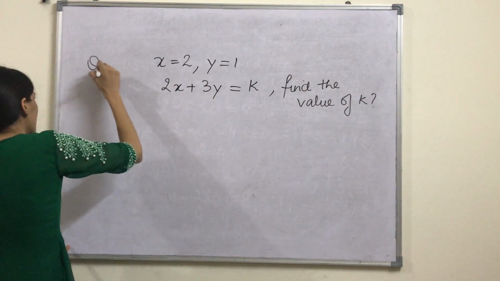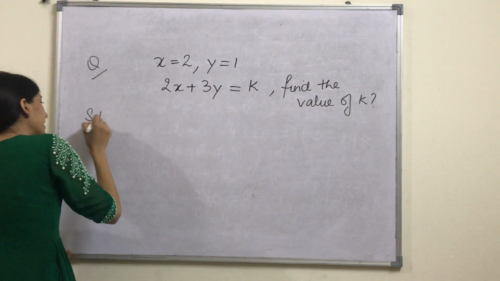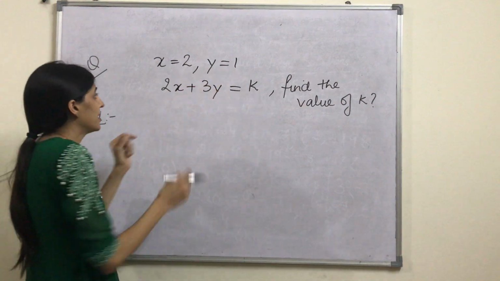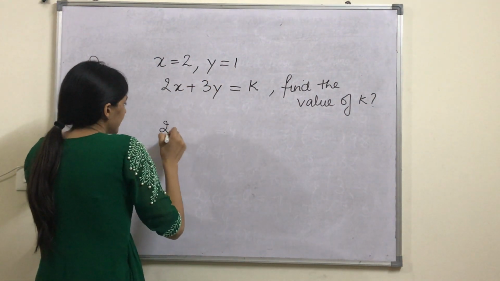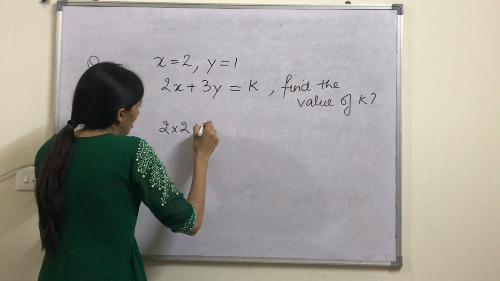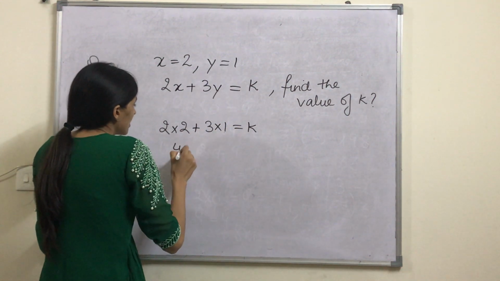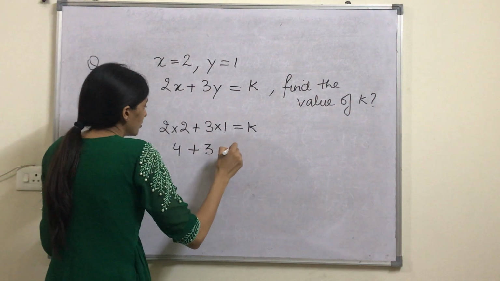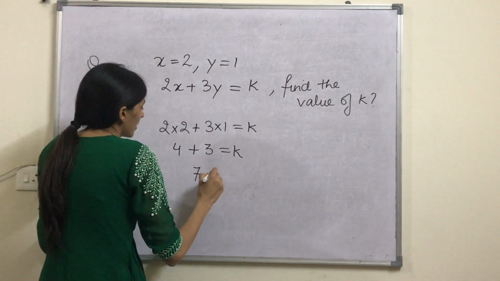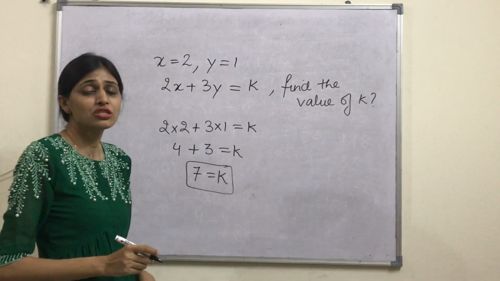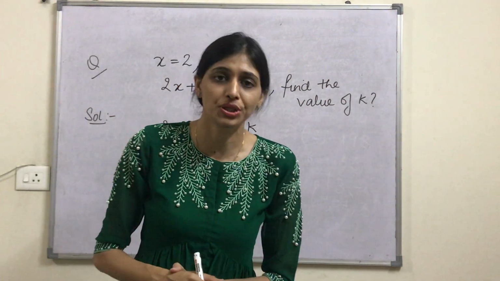This is the question given to you. While finding the solution, x is 2, y is 1. Put here x is 2, y is 1. 2 2s are 4, 3 1s are 3. So k comes out to be 7. So this is the final solution given to you.